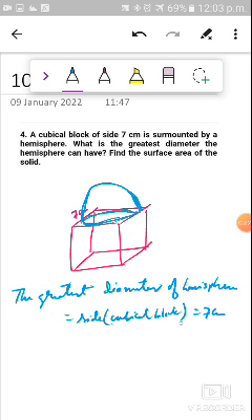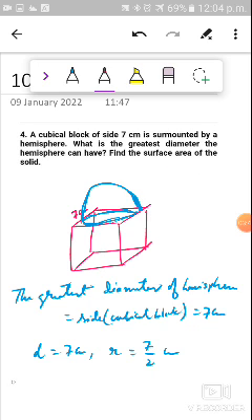So the diameter of the hemisphere is 7 centimeter, right? So D is 7 centimeter, and the radius of the hemisphere will be 7/2 centimeter, right? Then find the surface area of the solid.